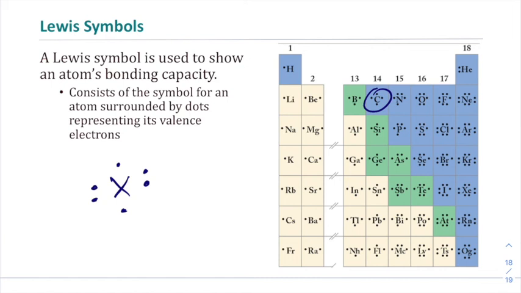Okay? And what that's going to help you see, and we'll see this in a bit, is that the number of lone, unpaired electrons is the bonding capacity of the atom. So you can see the carbon has the ability to bond in 4 places because it has these 4 lone electrons. That'll become more clear in chapter 5, which gets a little bit advanced.